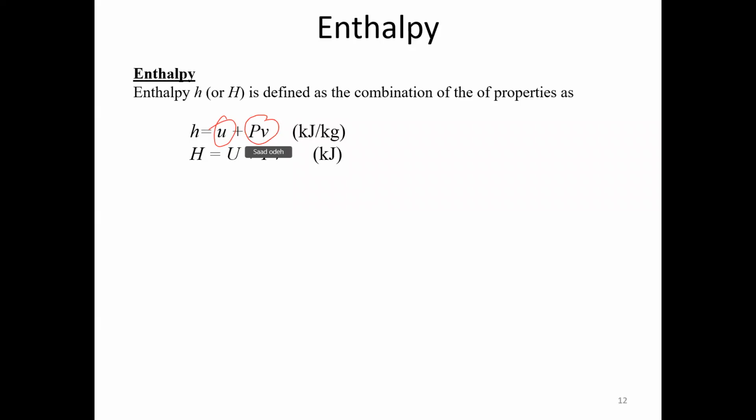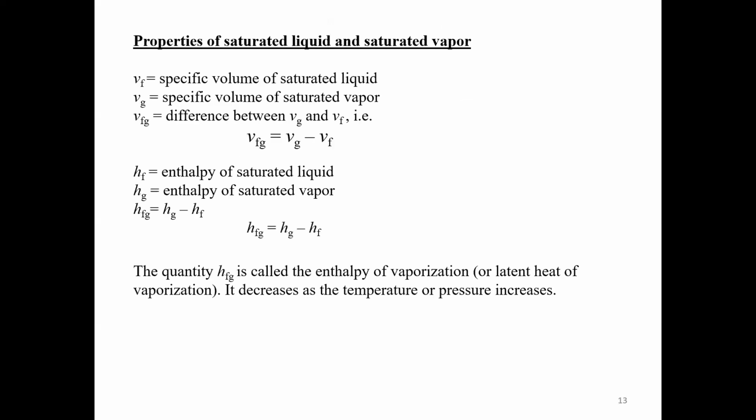The unit for enthalpy, same as for internal energy, is kilojoule per kilogram. This is per unit kilogram. If it's total energy or total enthalpy, then it's only kilojoule. This is a new property that we're going to use a lot in thermodynamics.